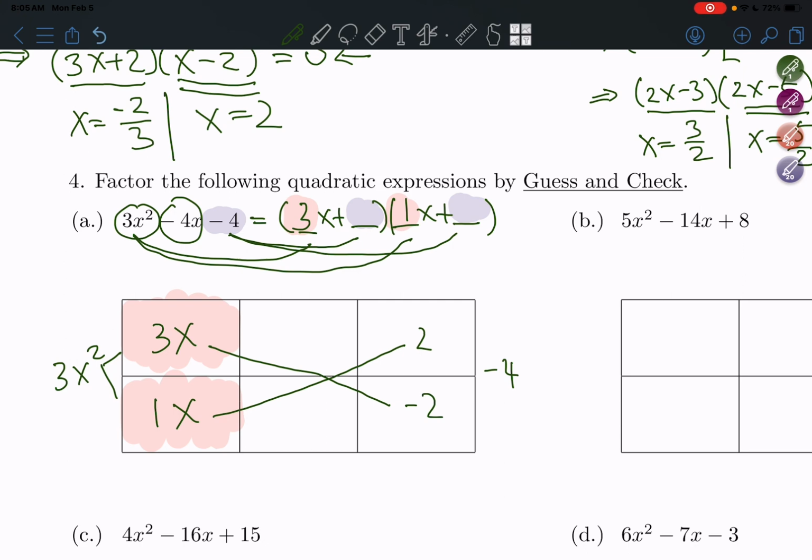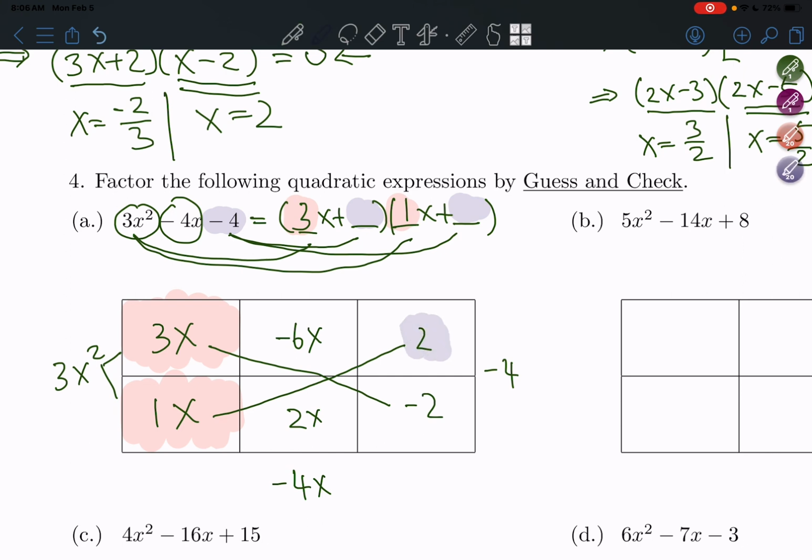Finally, we see 3x times negative 2 is negative 6x. 1x times 2 is 2x. Add that together, finally I got negative 4x. It's always going to be the last one you try, assuming again your quadratic is factorable. It's always the last one you try because after that you stop trying. Once you got it, you stop trying, I suppose.